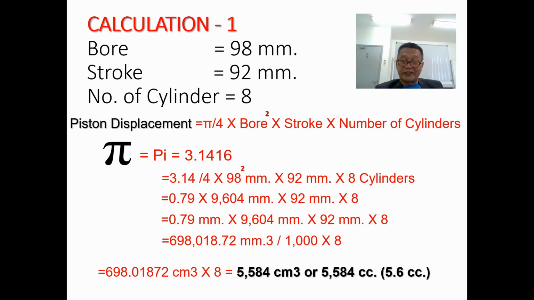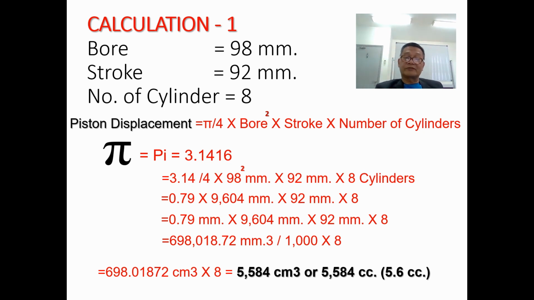Then multiply it by 8, which is the number of cylinders. That will be 5,584 cubic centimeters, or 5,584 cc.